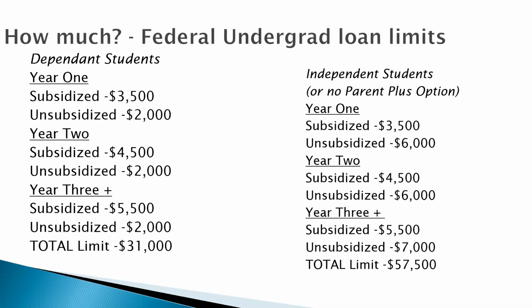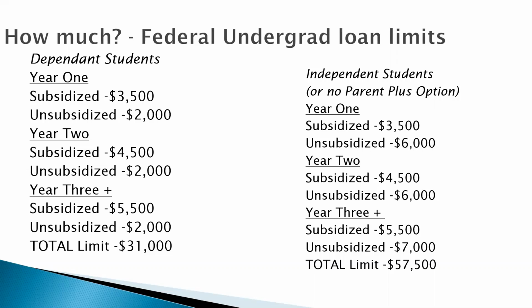Now, over on the right-hand column, you can see for independent students or for students whose parents were not able to secure a ParentPLUS loan, Kayla mentioned that earlier. There is a circumstance where if a parent's credit does not allow them to receive that ParentPLUS loan, you can appeal that. And when you do appeal it, what happens is the student will receive the higher amount. So they'll reissue the offer for the student's loan amount, and it will be those numbers in the right-hand column.